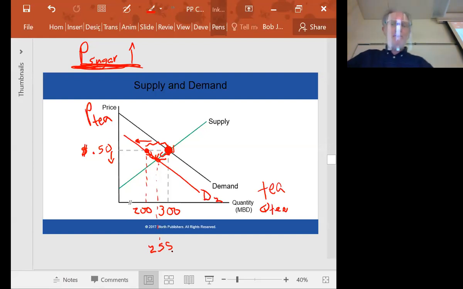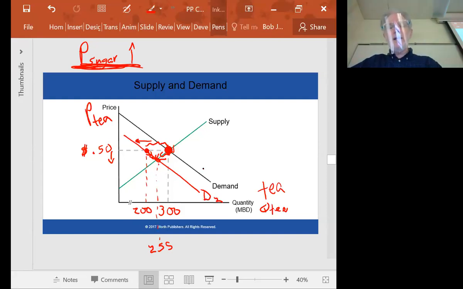255,000. Okay. So to summarize what happened, we would say that because of the increase in the price of this complement to tea, demand for tea went down, the price of tea goes down, and the quantity of tea goes down.